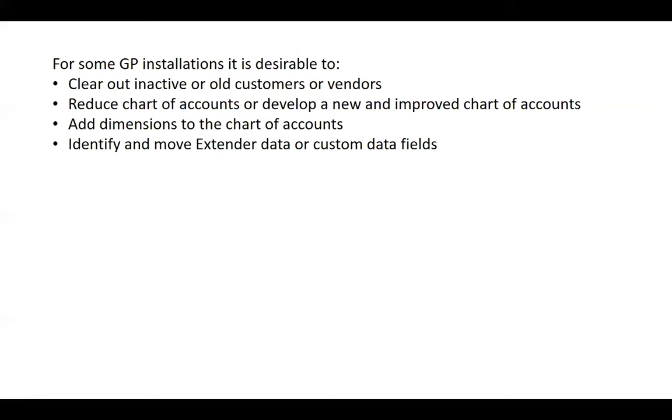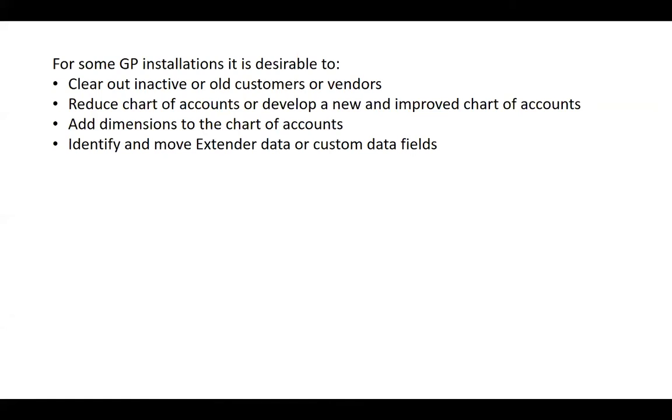And you may even want to have a new and improved chart of accounts where you decide, because of dimensions that are available in BC, and we covered dimensions a couple webinars back on this, you can have dimensions that are able to provide some of the information that perhaps you used your old GP chart of accounts to provide for you.